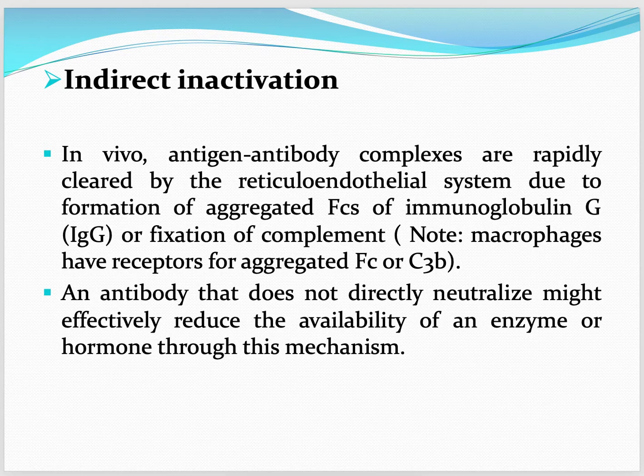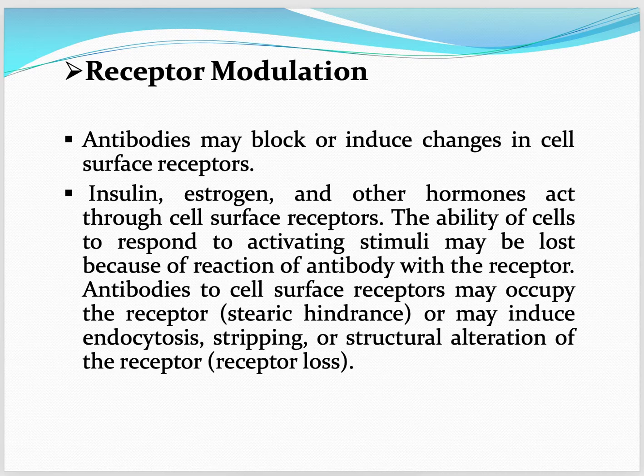Then another mechanism of inactivation, receptor modulation. In this case, the antibodies may block or induce changes in the cell surface receptors. For example, some hormones like insulin and estrogen work through cell surface receptors.